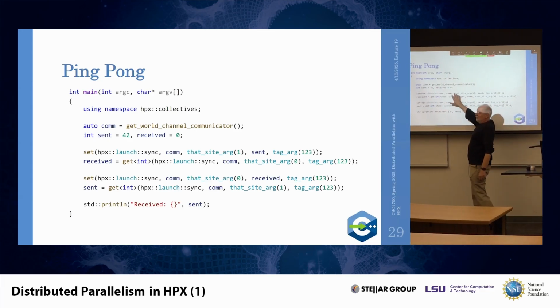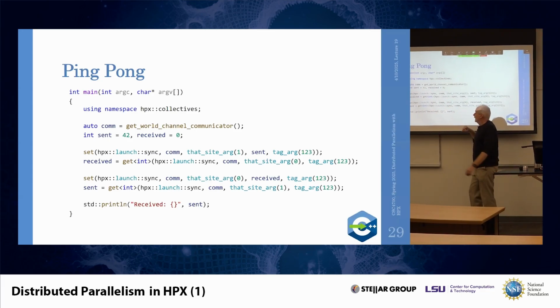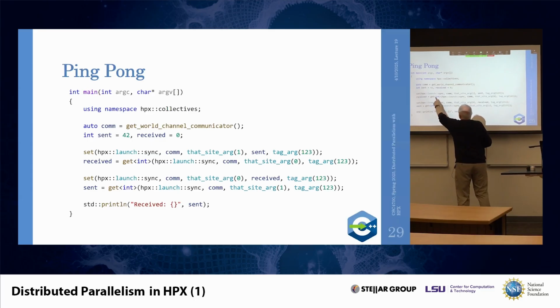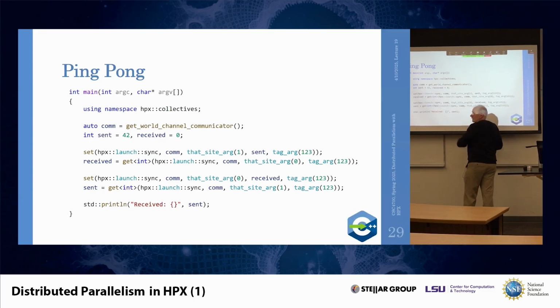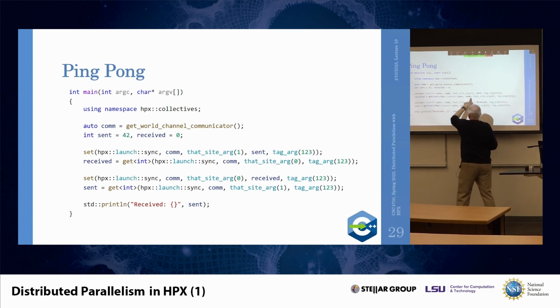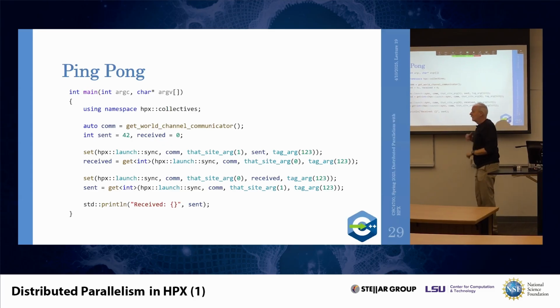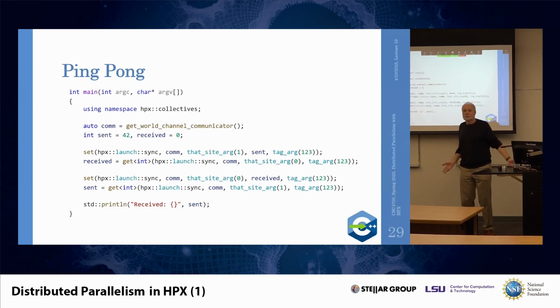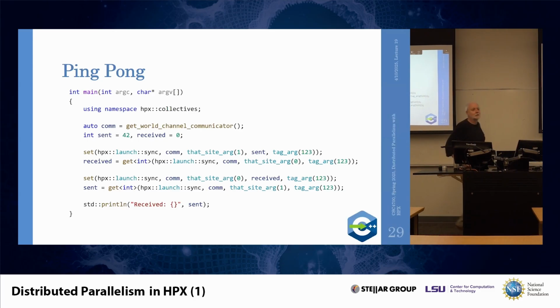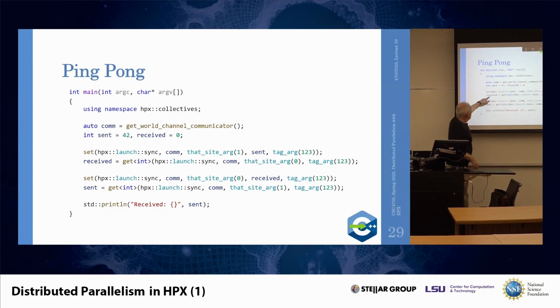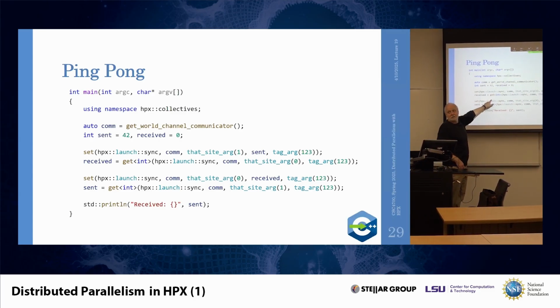Remember, this code is run by both localities. So on locality 0, this set will succeed, everything is okay. It will send the value over, and then it will wait for the value to come back from the other side. But locality 0 will wait for locality 0 to receive a value, which will never happen, because locality 0 is never sending anything to itself. So it will sit here and will never finish.